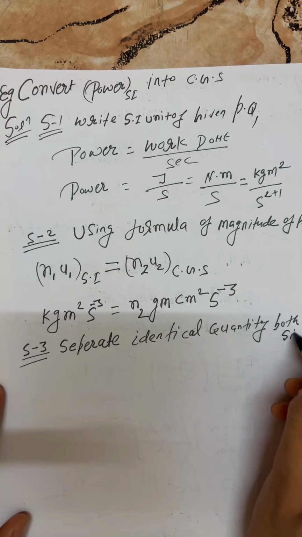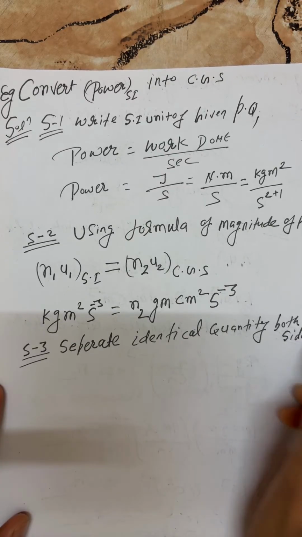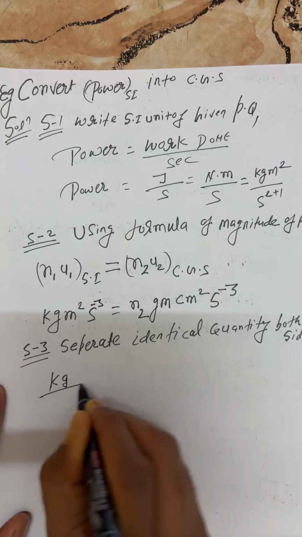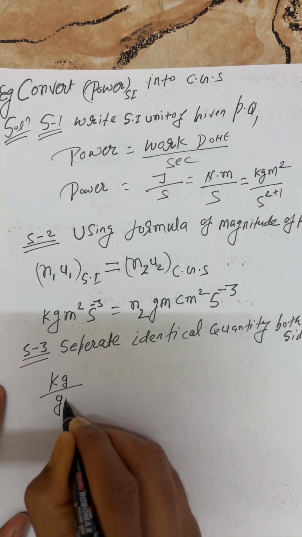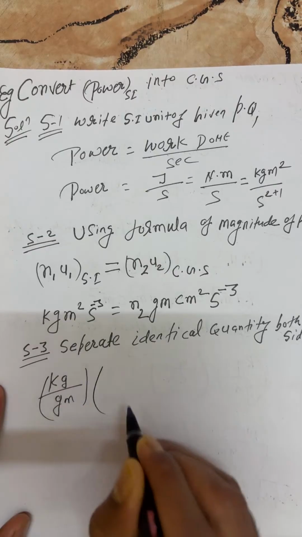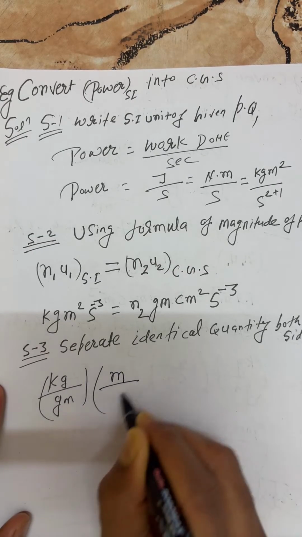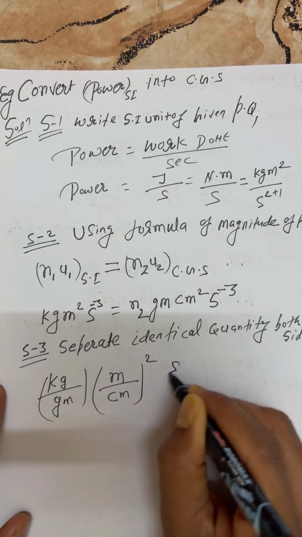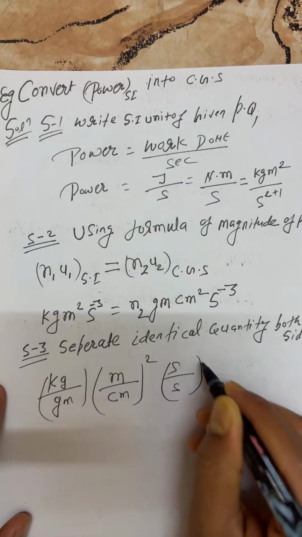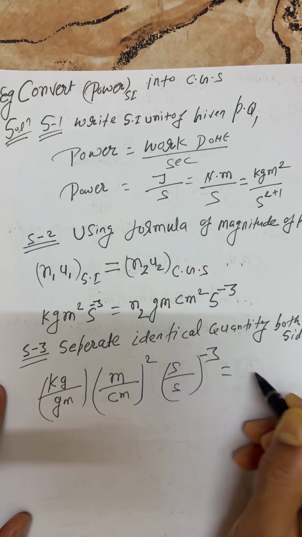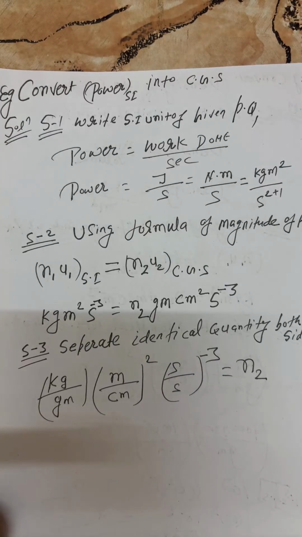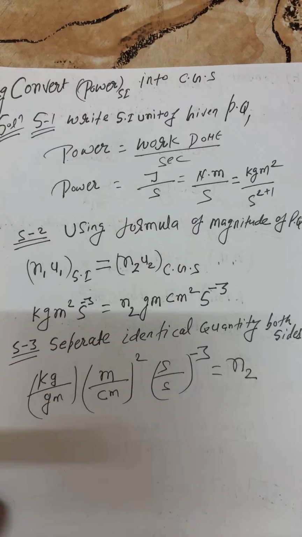Separate identical quantity on both sides. What implies, students? You can keep gram with kilogram, then meter with centimeter, and seconds with seconds only, which is equal to N2.